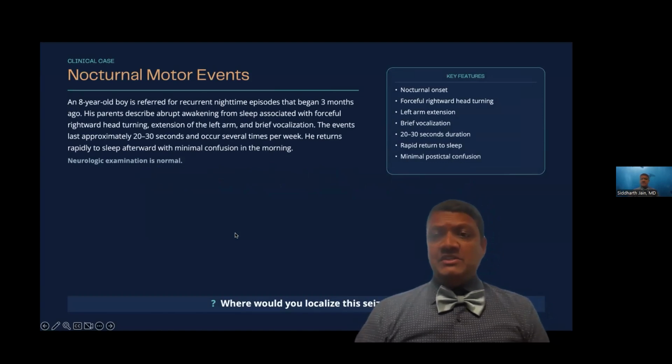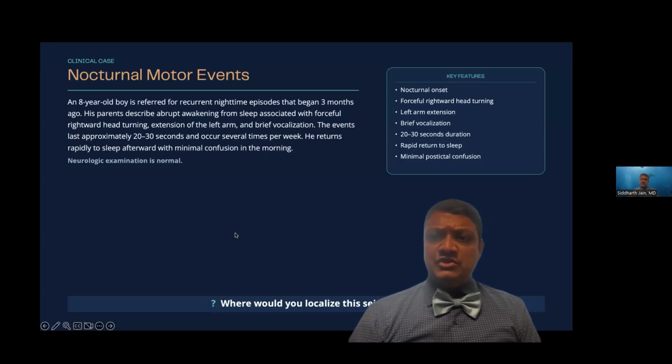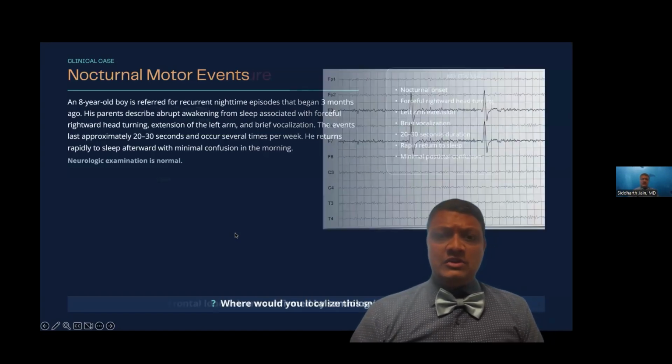They are happening multiple times a week, often in clusters. We're thinking, are they frontal lobe seizures versus parasomnias? As we mentioned, the stereotypy, the frequency, the lack of post-ictal state, and just the duration, how short and stereotypic they are, are all clues.